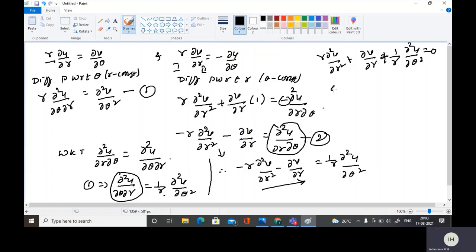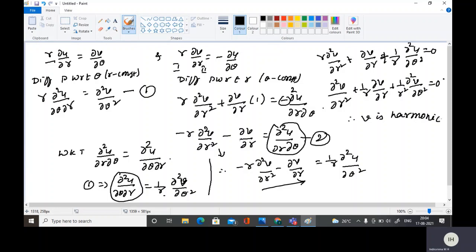Now divide by R: ∂²V/∂R² plus 1 by R into ∂V/∂R plus 1 by R² into ∂²V/∂θ² is equal to 0. Right? V is harmonic. I consider f of z is analytic if it satisfies the harmonic properties. Its real and imaginary parts satisfy the harmonic property, then the function is a harmonic function.